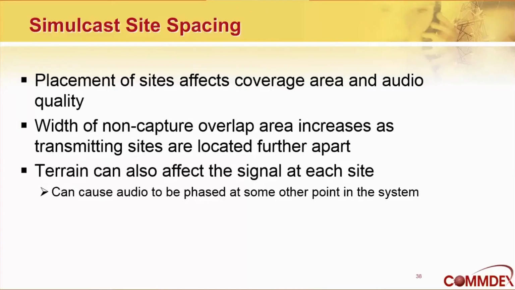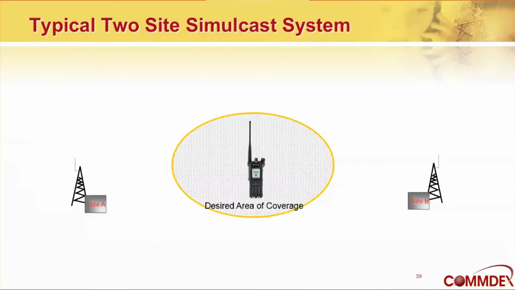So you have to worry about the placement of sites and how you're going to take care of those overlap areas. And the designers have software tools to do all this, to help them figure out where to put the sites, where are the capture areas, where are the overlap areas, and what is the effective terrain.